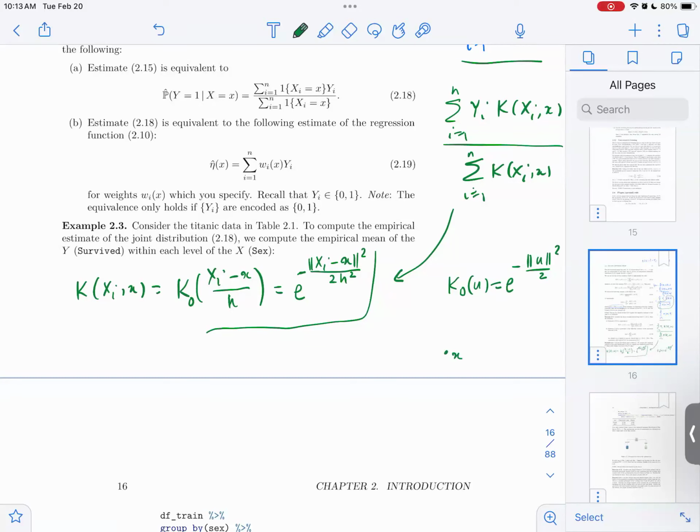I can visualize it like a mountain: the peak is at x, and it goes down as you move away. These are the contours of this function. If the data point is far from x, it gets a smaller weight.